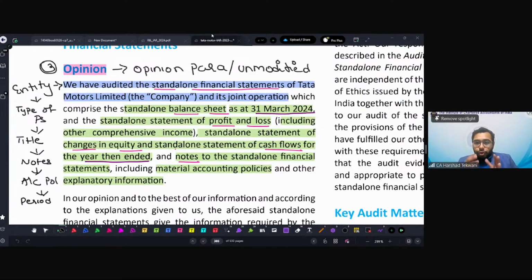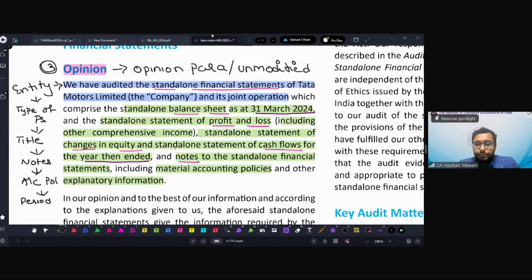So true and fair view is usually related to the fair presentation framework. And when we say that this particular financial statement or report has complied with the provisions of the Companies Act or this particular regulation, in that case we are talking about the compliance framework.